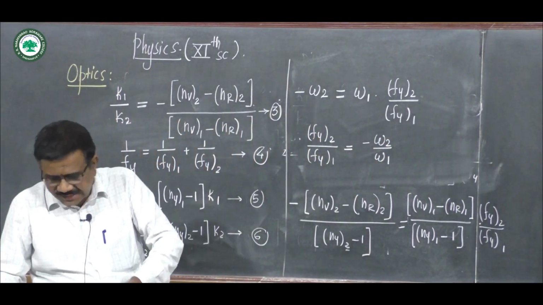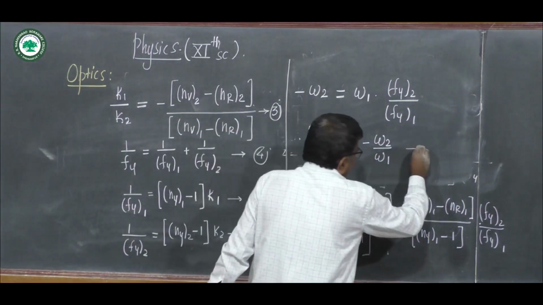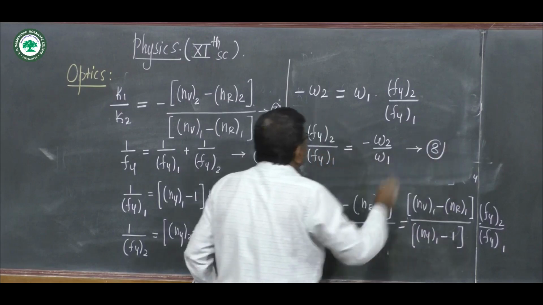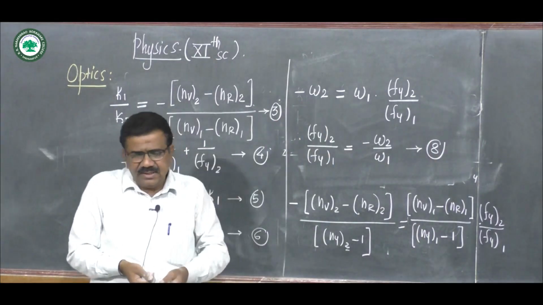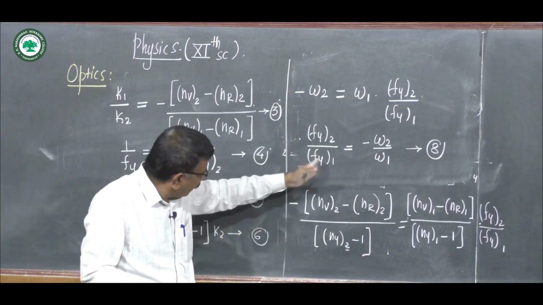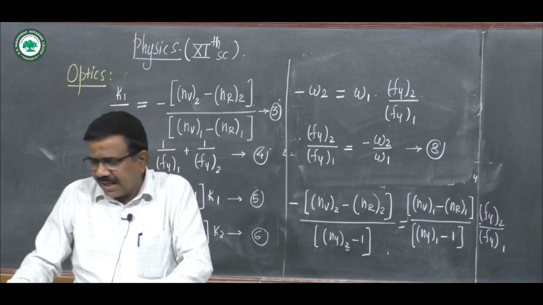We get the important equation, and suppose this is our equation 8. Fy2, focal length of yellow for the second, divided by focal length of yellow color for the first, is equal to minus omega 2 upon omega 1.